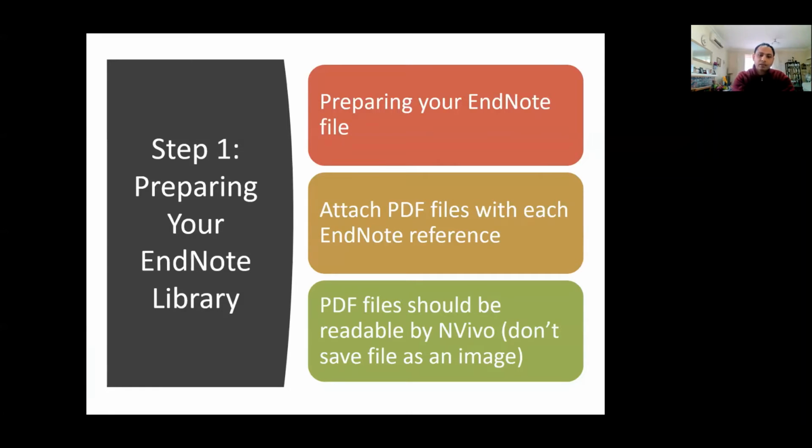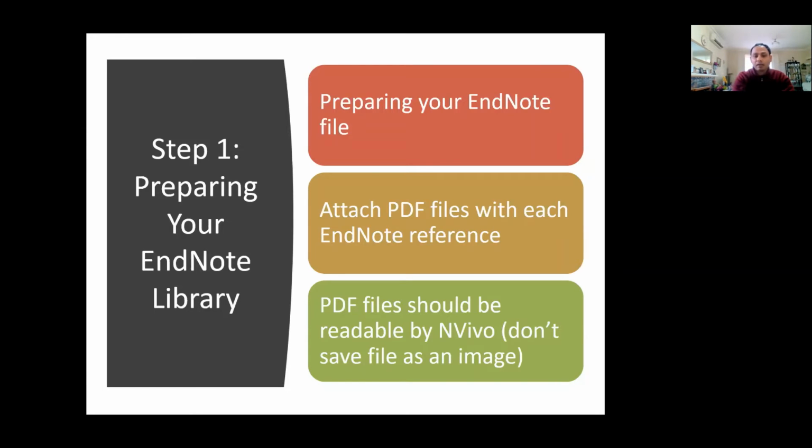So one thing to remember, whenever you download some paper from online, most of the time these papers can easily be read by the PDF reader, and sometimes those could be saved as an image file. So what you need to remember, whenever you transfer anything from electronic databases to NVivo, those should be readable, which means that you will check that this is not saved as an image.